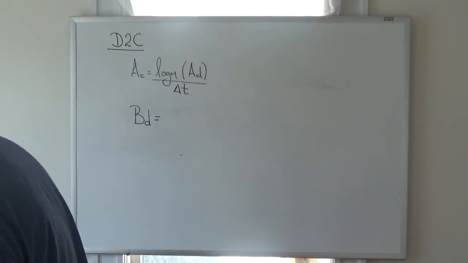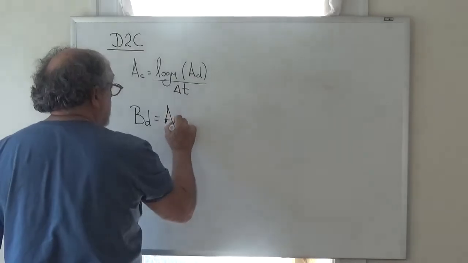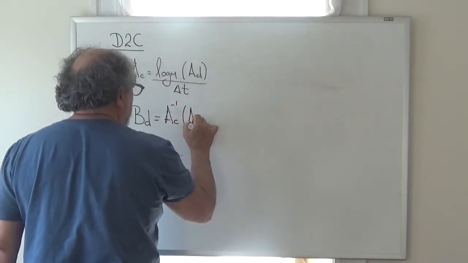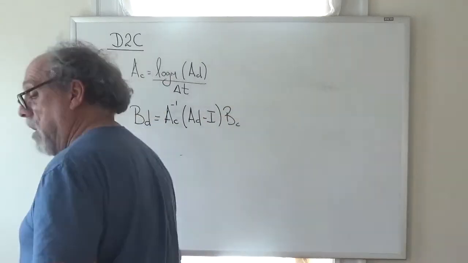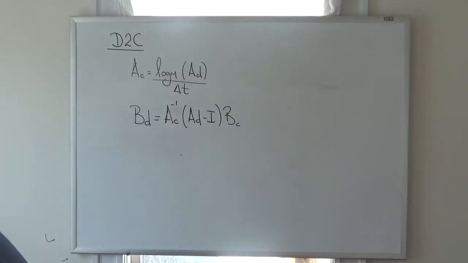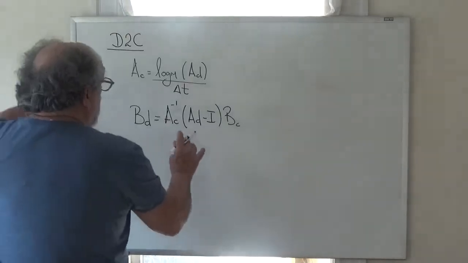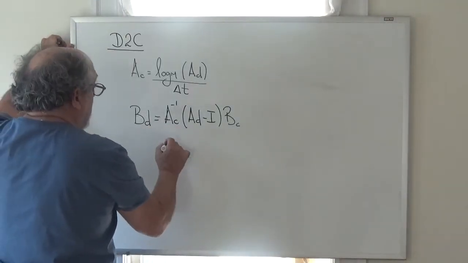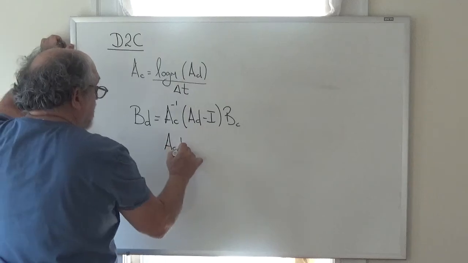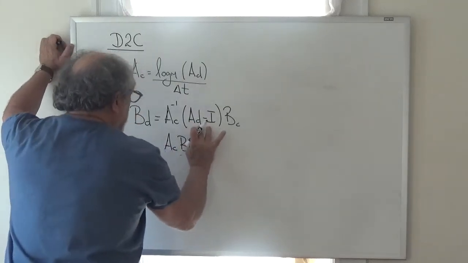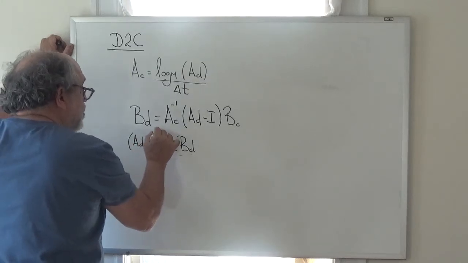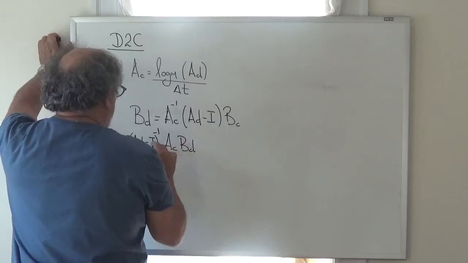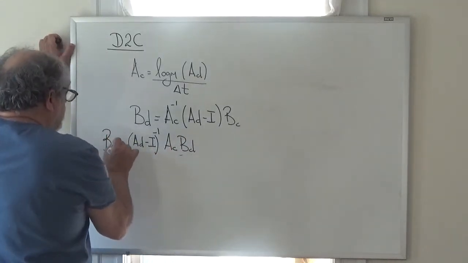So B discrete is the inverse of A continuous times parentheses A discrete minus the identity times B continuous, right? From that formula, we first multiply by AC and we get AC times B discrete. Then we multiply by the inverse of this, so that's A discrete minus the identity to the minus 1. And that is what is B continuous.